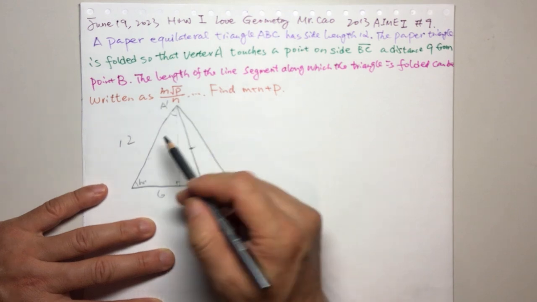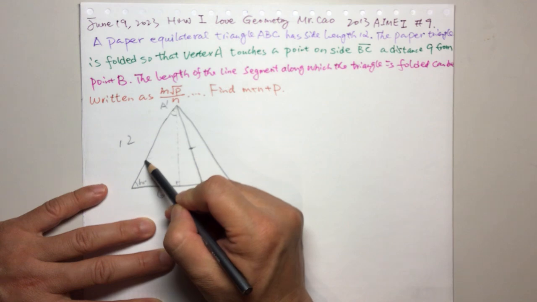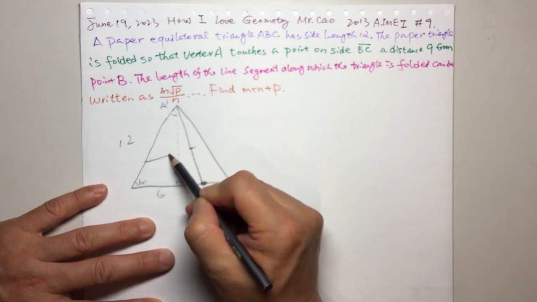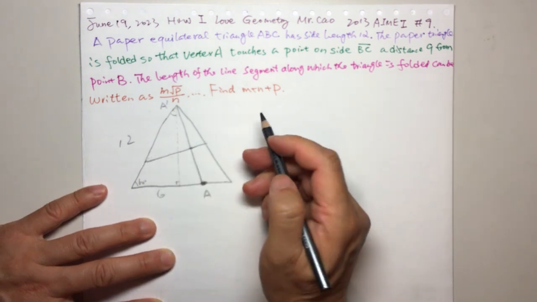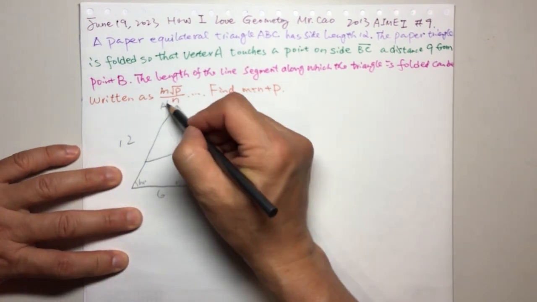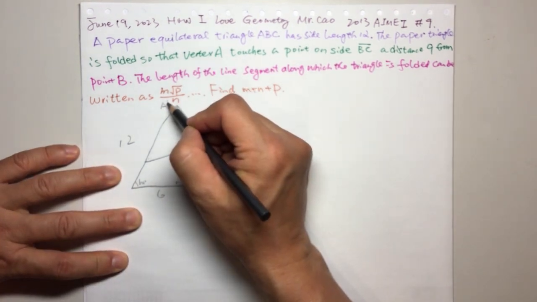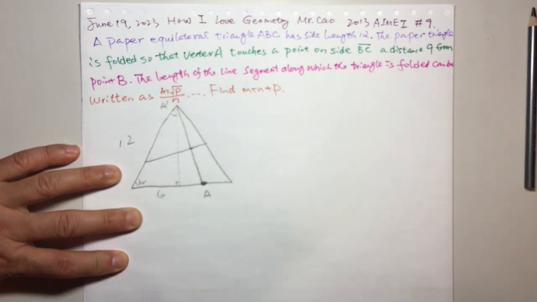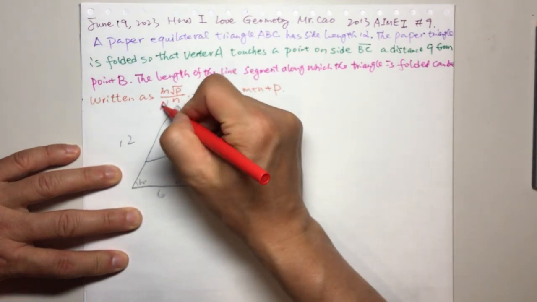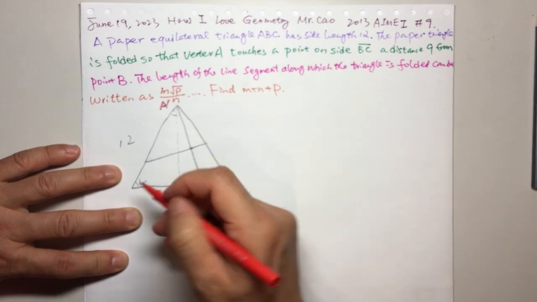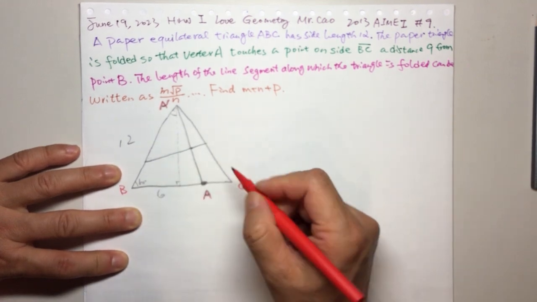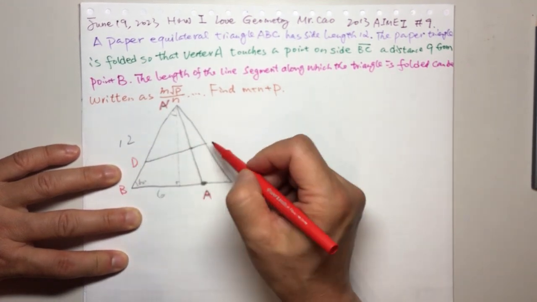So I will draw here. That's the original A, now A prime. Here is the new A, B, C. Let me see, D, E.